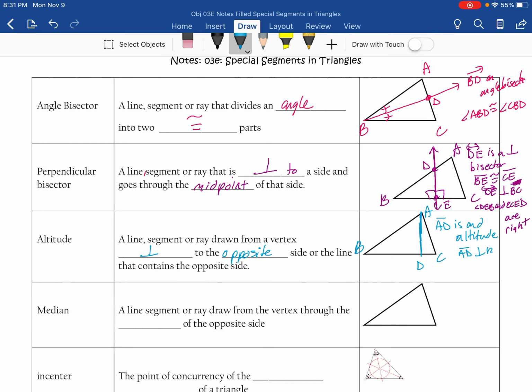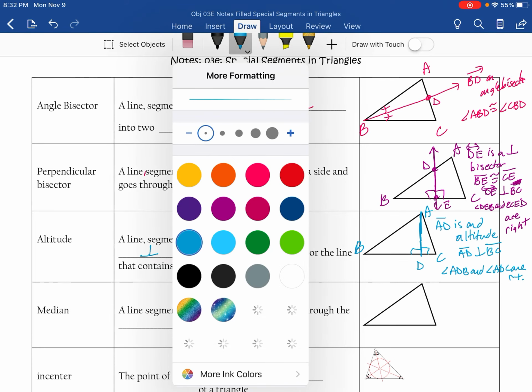You know that AD is perpendicular to BC because it's perpendicular to the opposite side. You also know angle ADB and angle ADC are right angles. So I'm just giving you this information so you can look up this vocabulary and remember what you can say from this information.